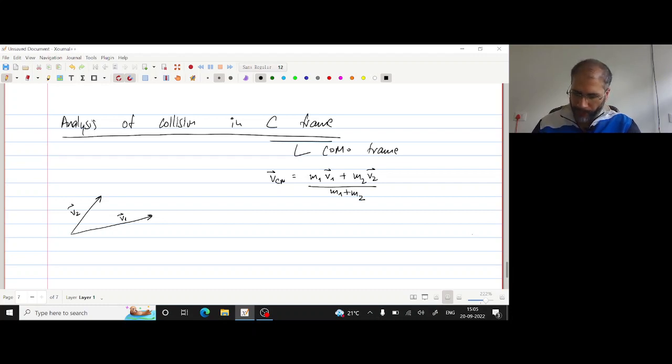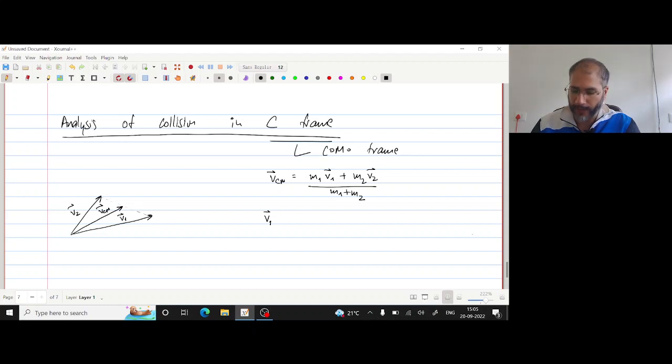So if I want to draw the vector, since we have v1 and v2 as shown in the figure on the left, vcm is simply going to be a vector with its arrow on the line that is joining the two vectors v1 and v2. And that's easy to see. And then since we are analyzing the collision from the center of mass frame, that is C frame, we'll have to write relative velocities.